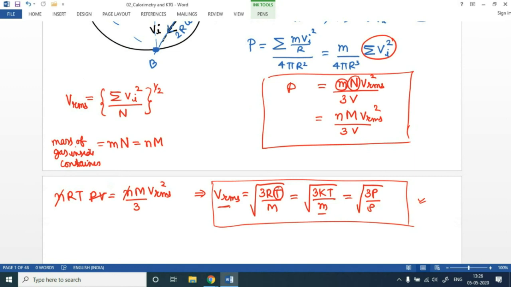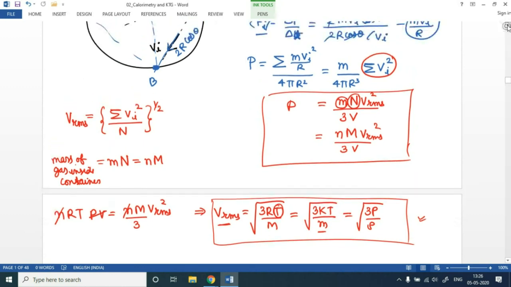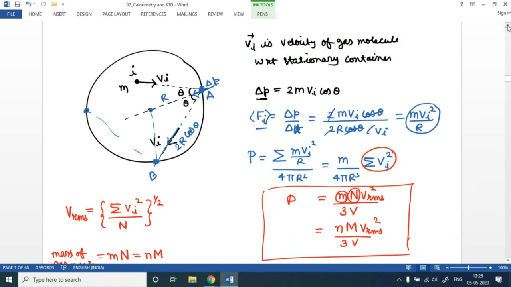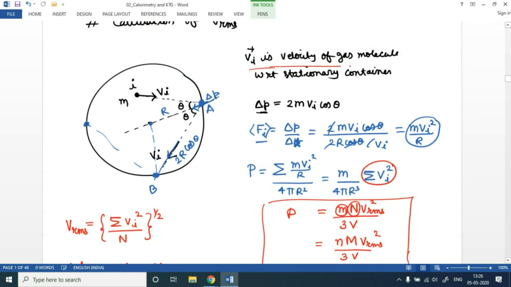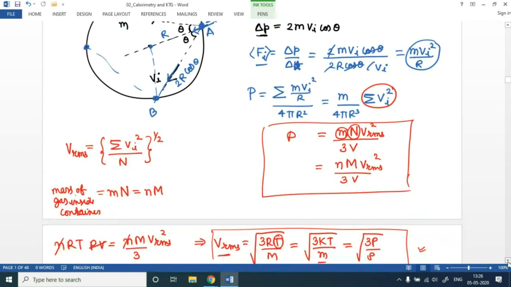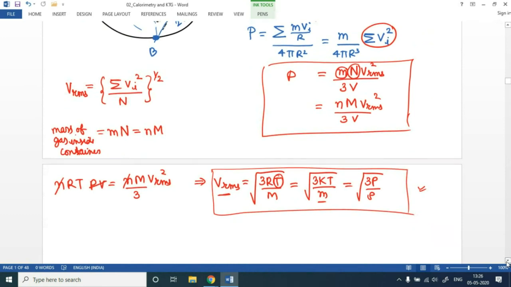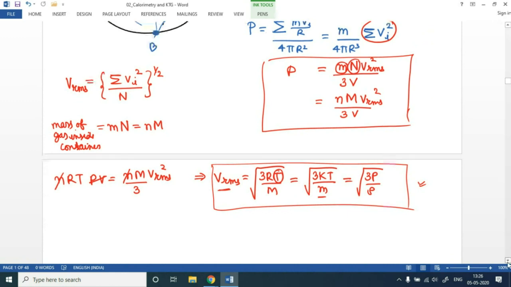The answer is no, because when we were calculating, you remember, the vi we took, vi is the velocity of the gas molecule with respect to the stationary container. So this speed of the gas molecule has been used in this relationship only with respect to the stationary container, that is with respect to a specific frame of reference. So you can say the temperature does not depend upon the frame of reference.